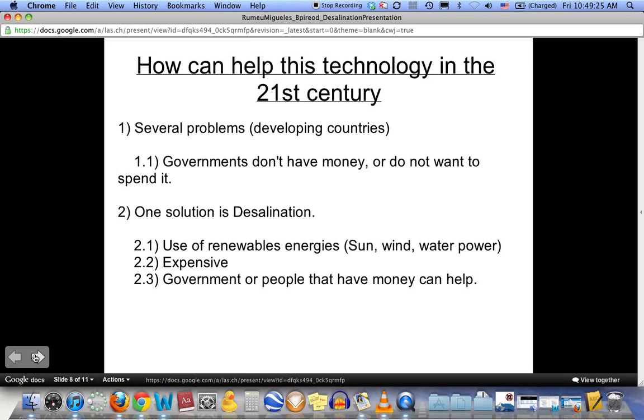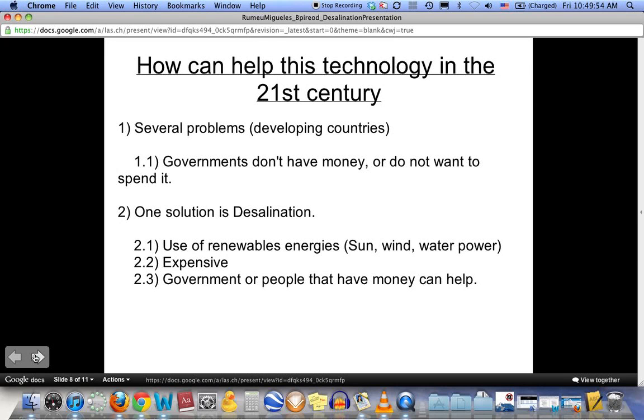It's expensive, but if they buy it once, they will have it, and they will not need to spend more money on energy or on creating more electricity, because they have these resources to make more energy.